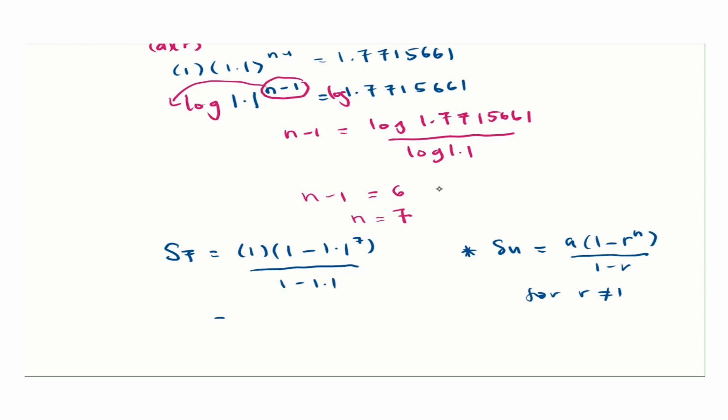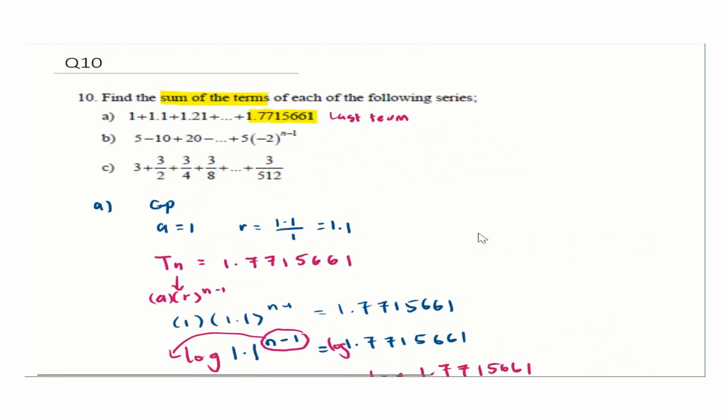We press the calculator, and finally we get S7 as 94872. This is our S7. So this is for question A.